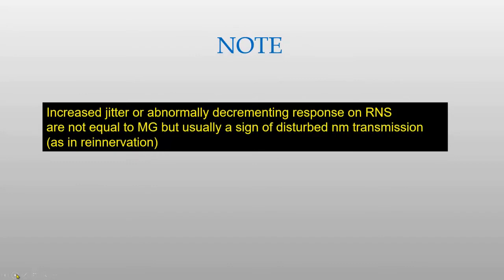One thing that we always note is that increased jitter and an abnormally decrementing response on repetitive nerve stimulation is not equal to the diagnosis of myasthenia gravis, but a sign of disturbed neuromuscular transmission, which, for example, happens in reinnervation.